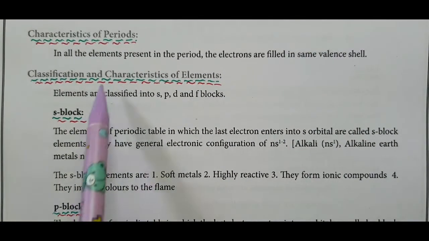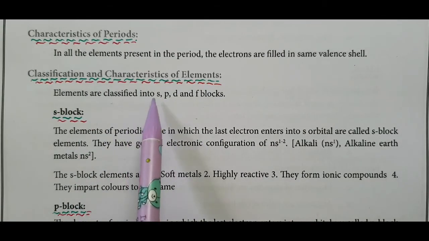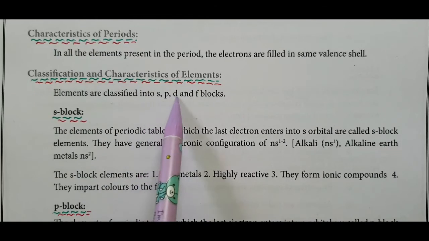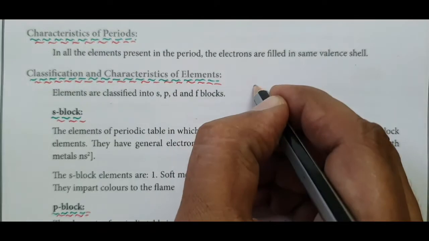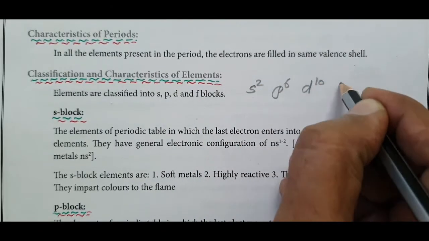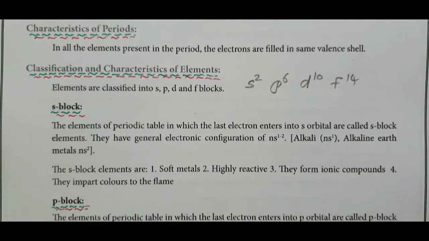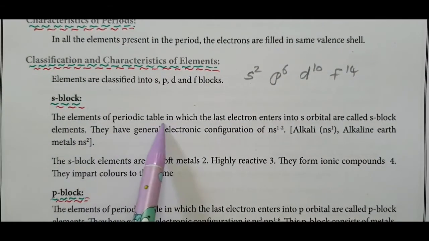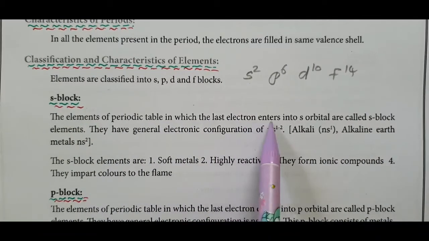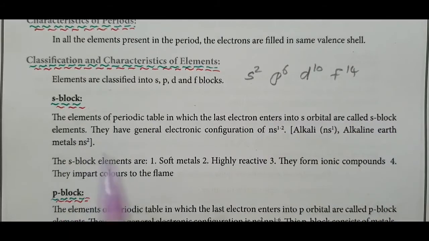Classification and characteristics of elements. Elements are classified into s, p, d and f block elements. We know the maximum number of electrons in the s orbital is 2, p orbital 6, d orbital 10, f orbital 14. S block elements: the elements of the periodic table in which the last electron enters the s orbital are called s block elements.